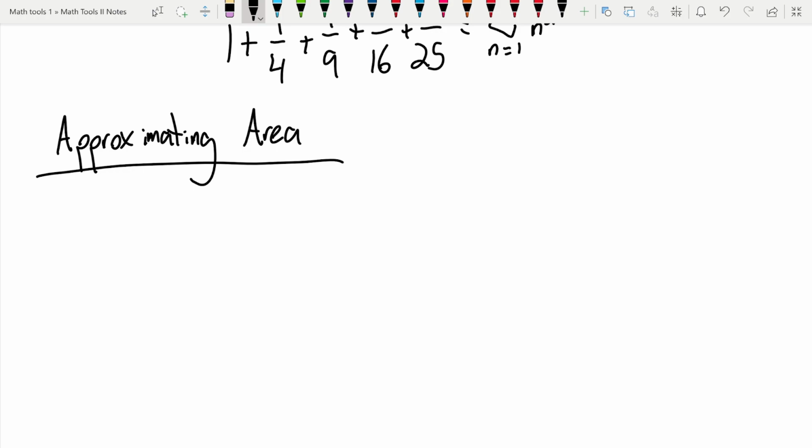So let's just say that this is our x and our y, and we'll keep it general for now.